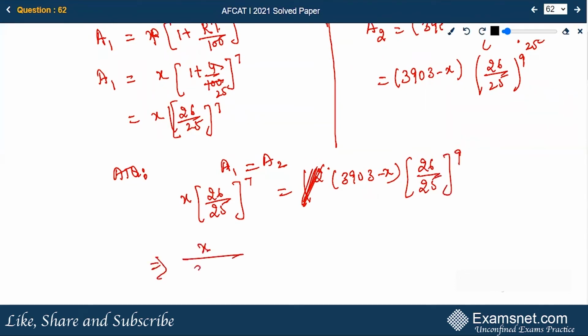So x upon 3903 minus x is equal to 26 upon 25 raised to power 9.